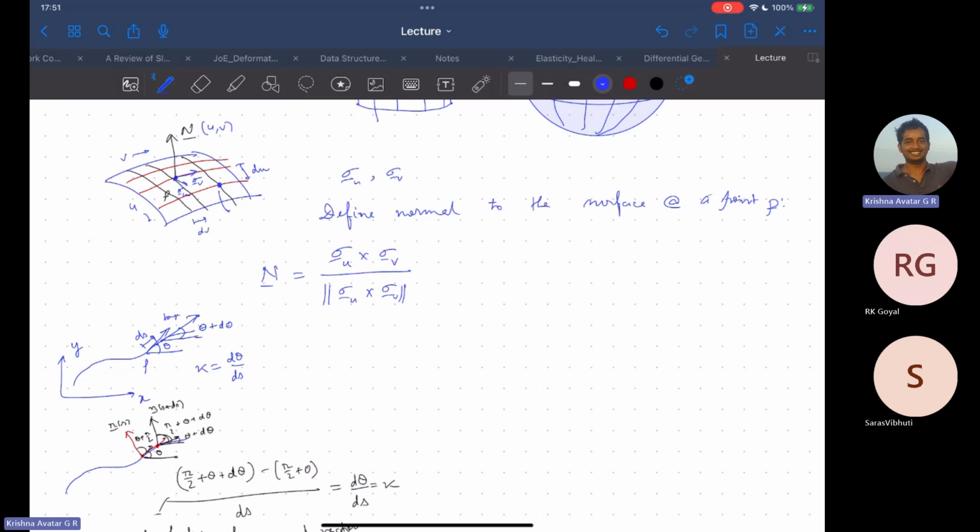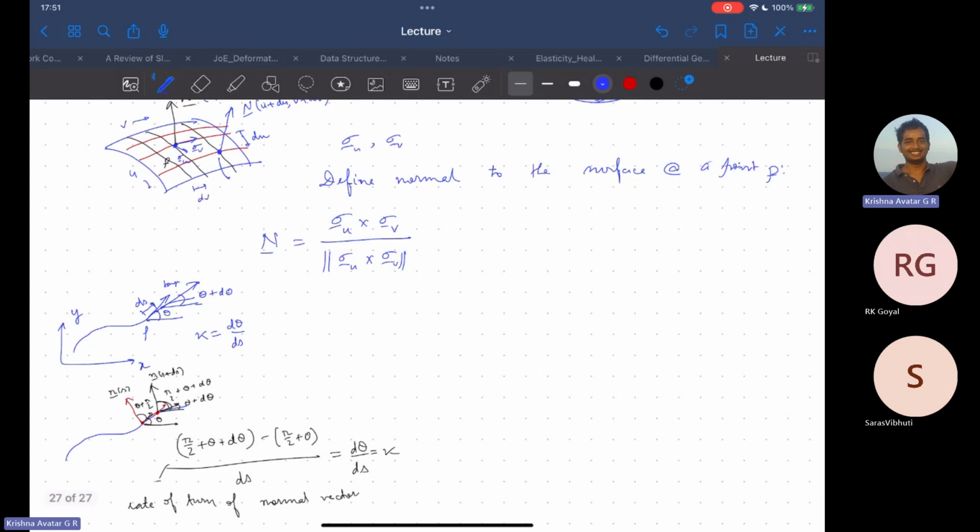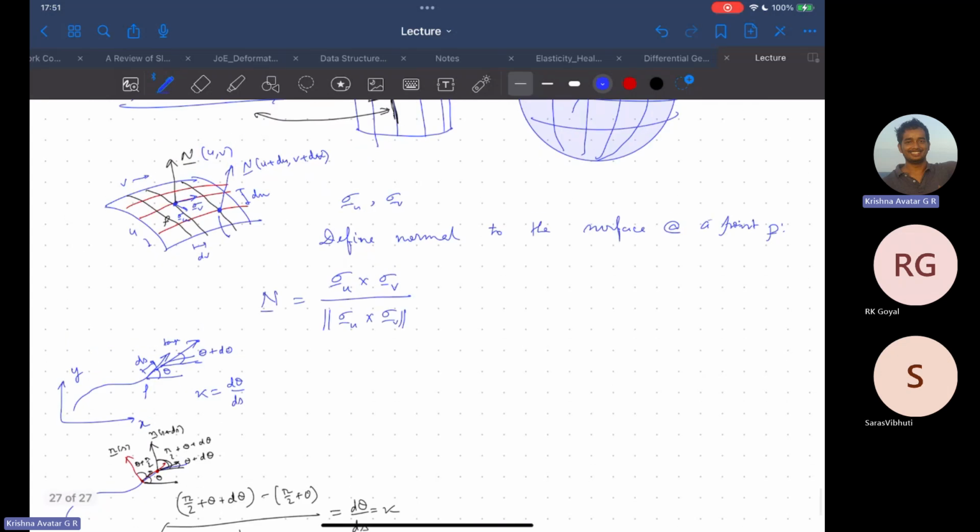At this point here, the normal vector is going to be n vector of u plus du, v plus dv. Keep in mind that in a curve we only have one curvature. In a surface we have three unique curvatures, right? So let's see why we will have three unique curvatures.